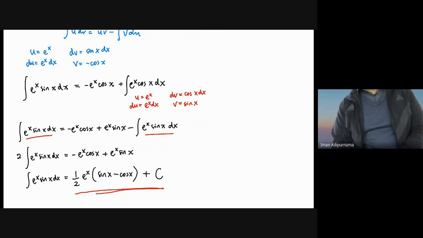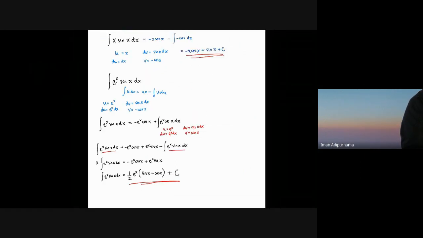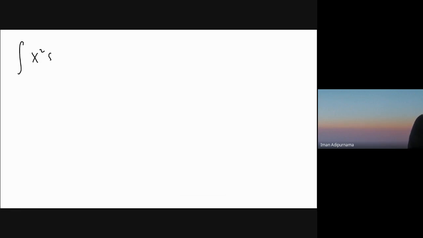Okay, let me give you maybe one more example. One more example is the integral of x squared sine 3x dx.